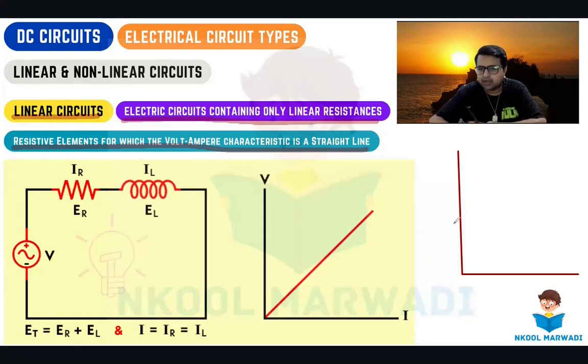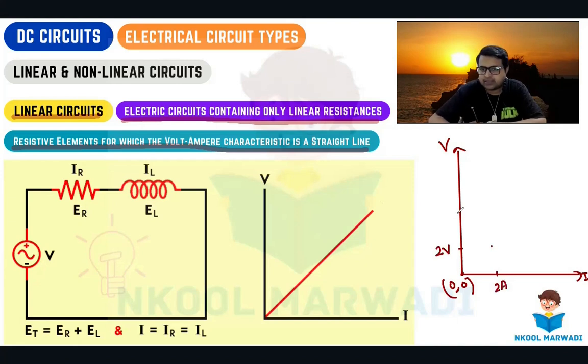For example, if you have a voltage of 0 and current is also 0, this is one point you will get. Now suppose you have a voltage of 2 volts and current around 2 ampere, then you get this point.